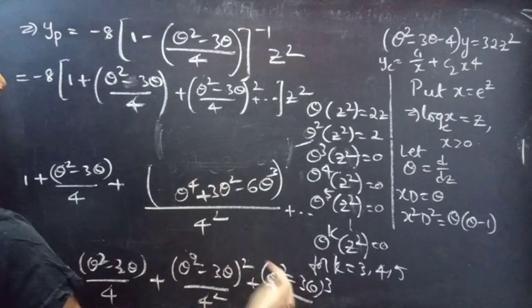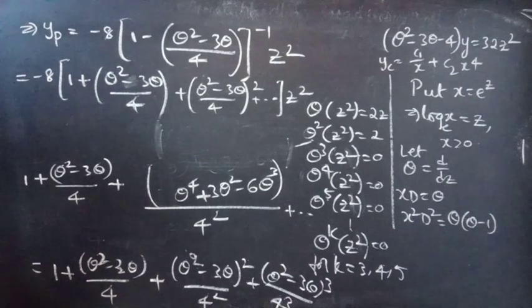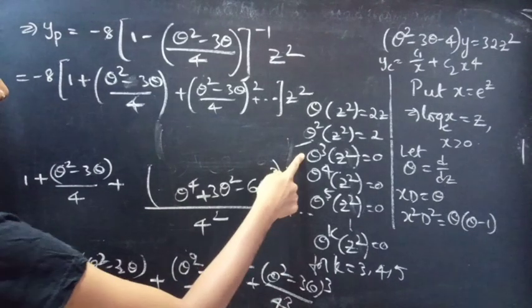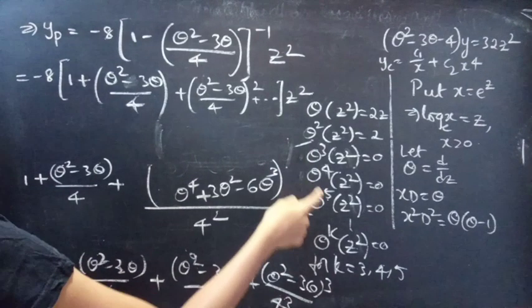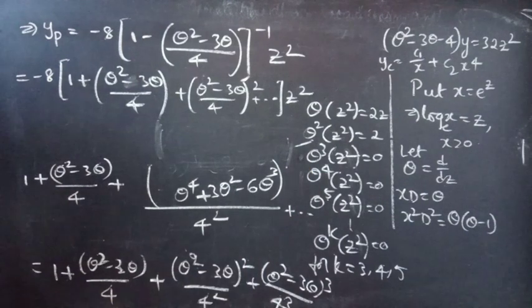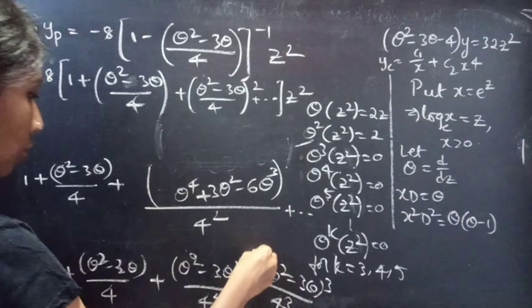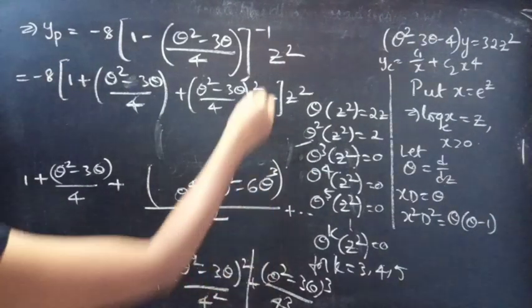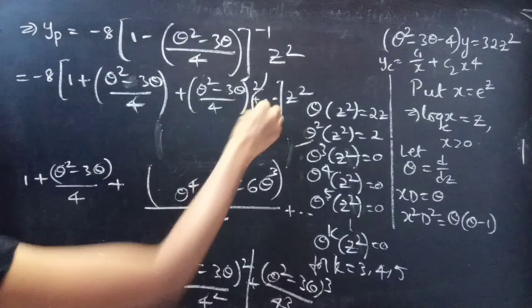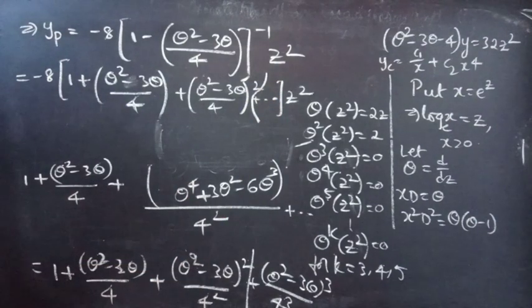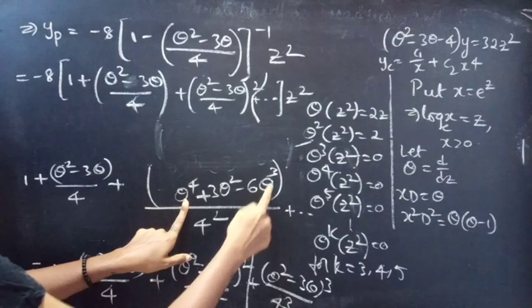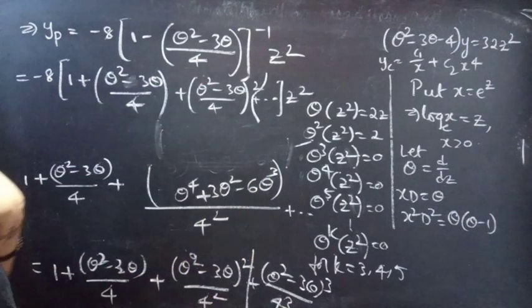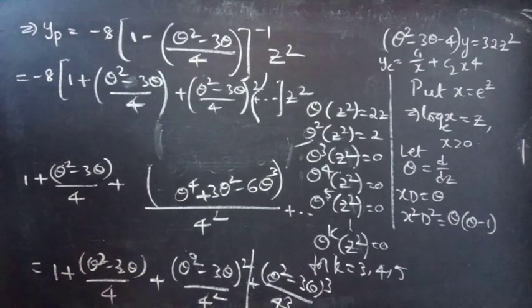And here we'll definitely get terms involving higher derivatives, theta cube, theta power 4, theta power 5 and so on. So definitely we can neglect all the terms from here. Likewise, we can neglect theta power 4 and theta cube from the third term. Okay, we'll see that.